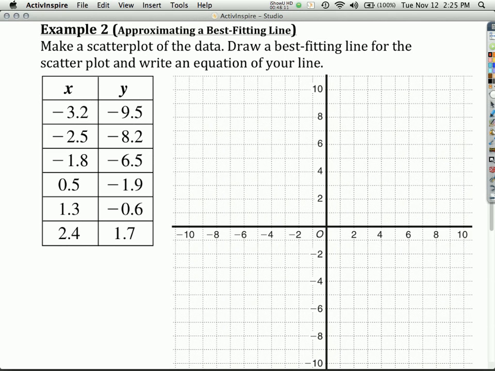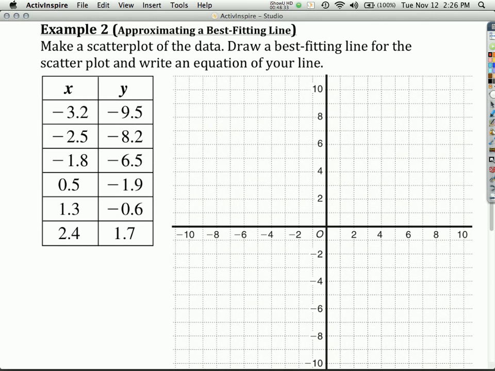So this time, we're going to construct the scatter plot, then we're going to do everything we just did. Okay, so to save time and to focus on the concept of coming up with the best fitting line, I eliminated this step in the first example. Now I'm putting it in, and from now on, this is what we will do.